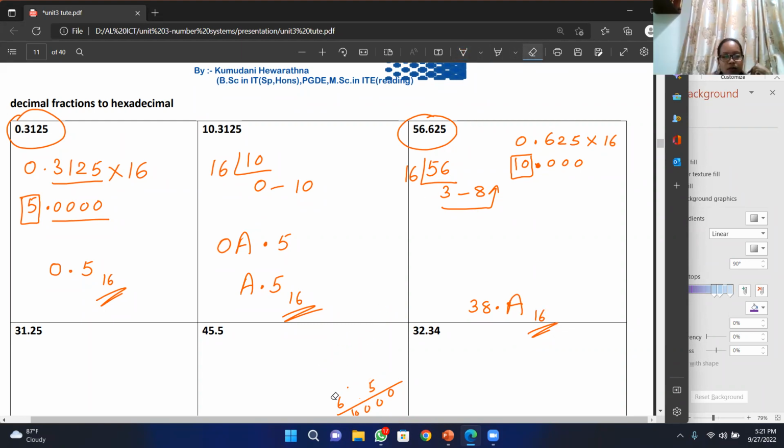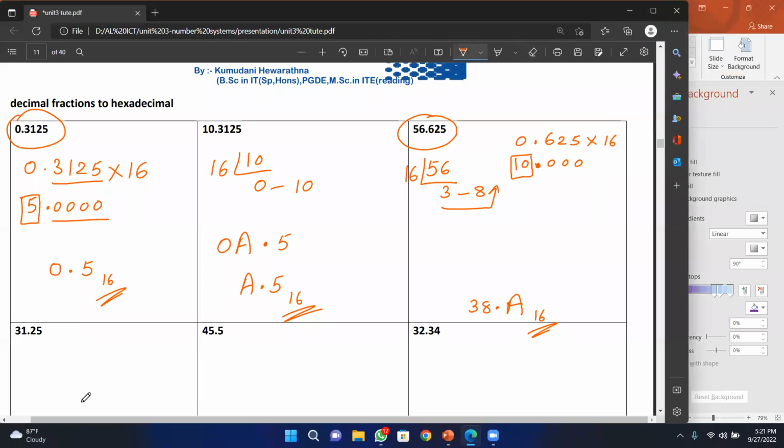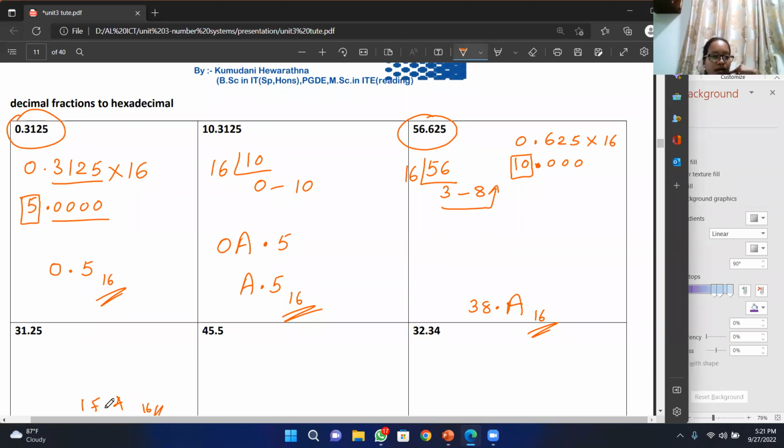Next one, 31.25. 1F.4 has been taken by Sihasa. 1F.4. Yes, teacher, I got the same. Others also try to get this answer.